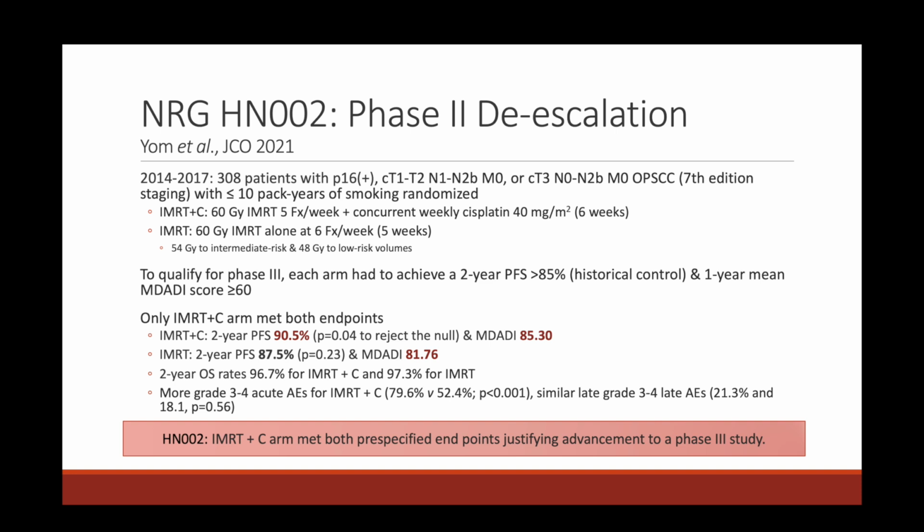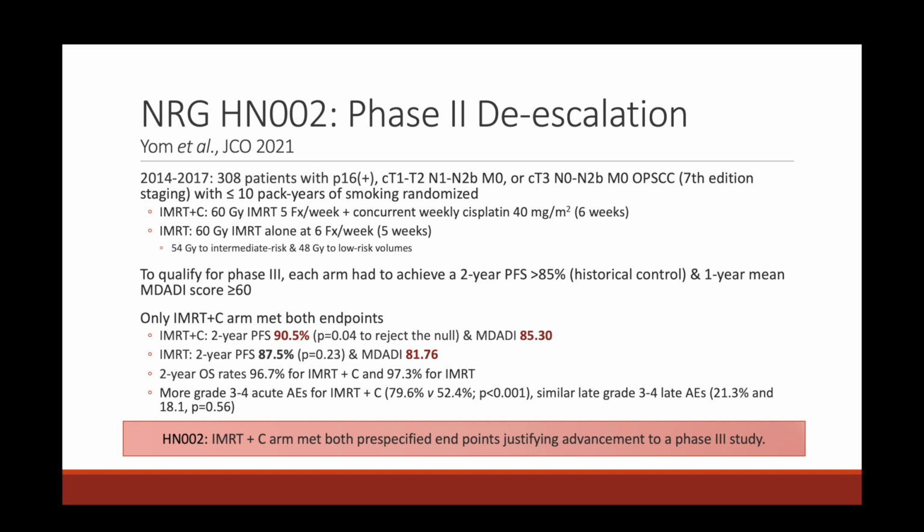Now, to qualify for a phase 3 study, each arm had to achieve a 2-year PFS of greater than 85%, which was chosen based on a historical control, as well as a 1-year MDADI score of 60 or higher. Both arms met the MDADI score requirement. However, the IMRT plus chemotherapy arm was the only arm that rejected the null of meeting that greater than 85% PFS threshold.